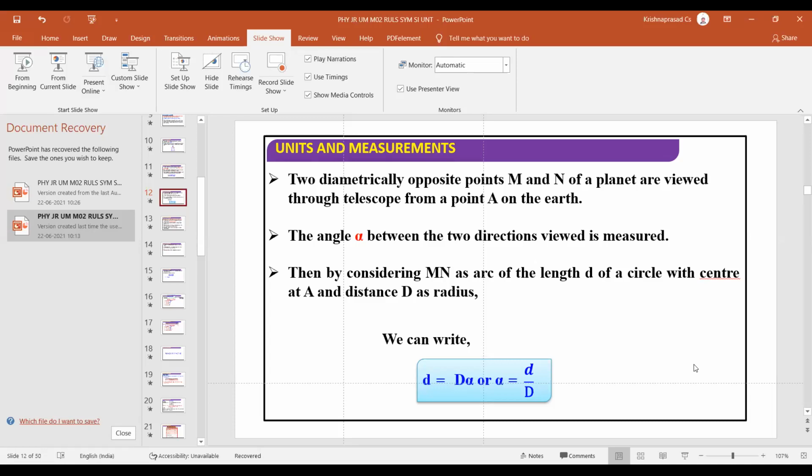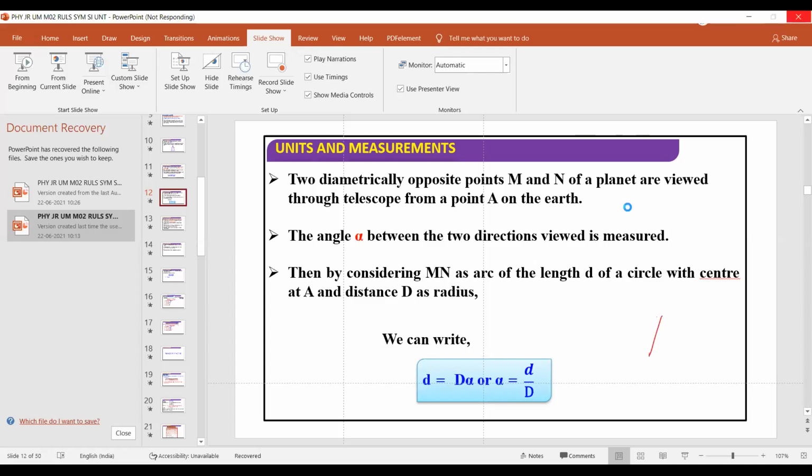I have drawn a line here. Put the parallactic angle, right? The angle. Yesterday we talked about the parallactic angle, right? What is the parallactic angle?